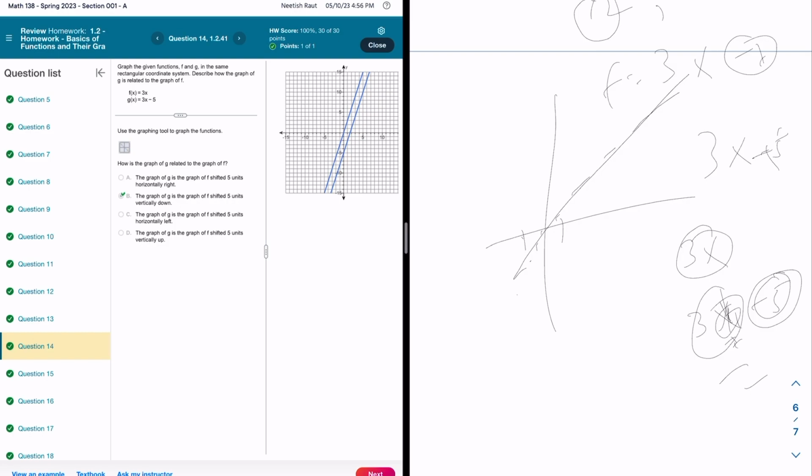Anything subtracted from the whole function will shift the graph vertically upward or downward. If it is plus 5, the graph will shift 5 upward, and if it is minus, the graph will shift 5 downward. So our answer is B. The graph of g is the graph of f shifted 5 units vertically downward because it's minus 5.